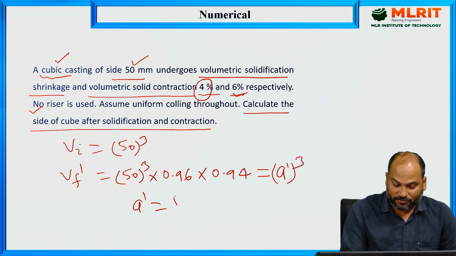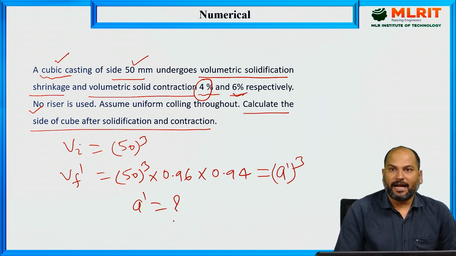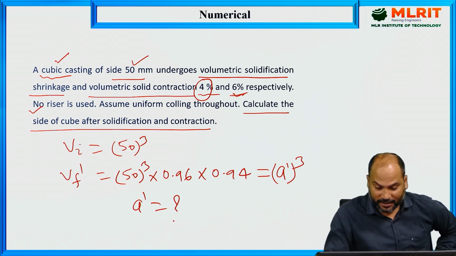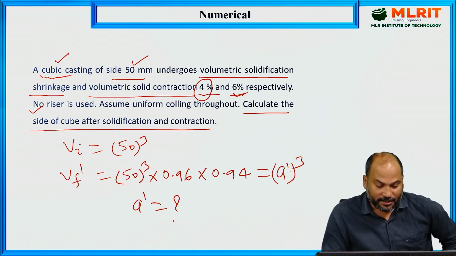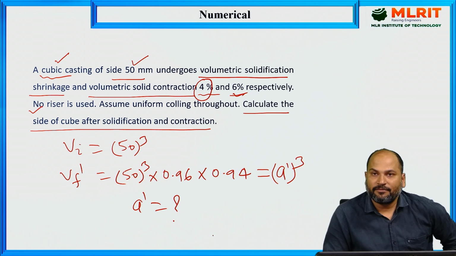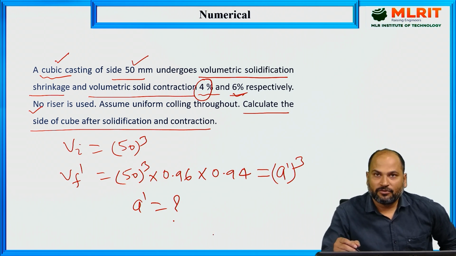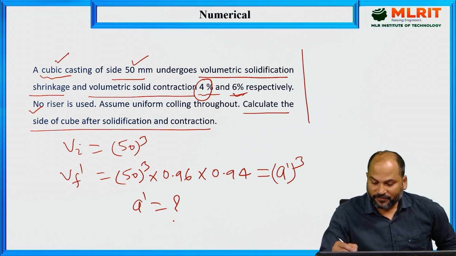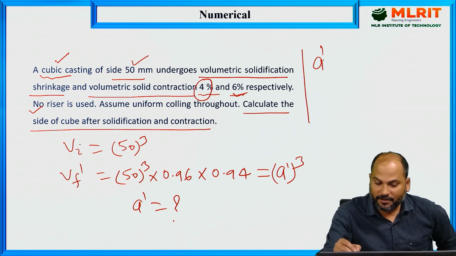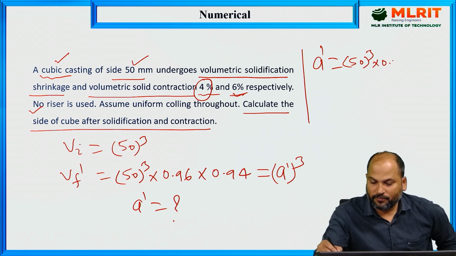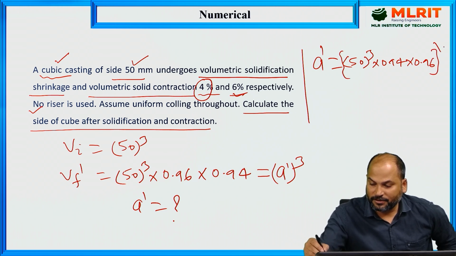Simply taking the cube root on both sides, A prime will be 50 cubed into 0.94 into 0.96, raised to the power 1/3.